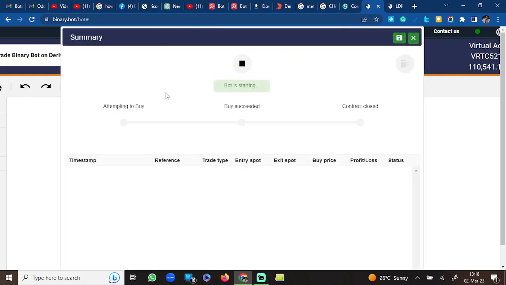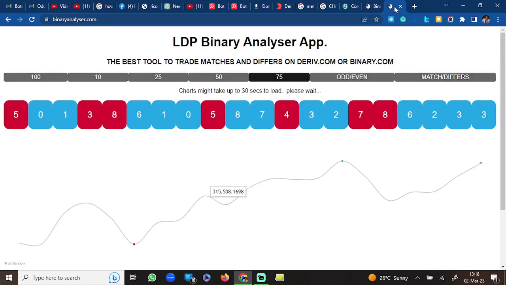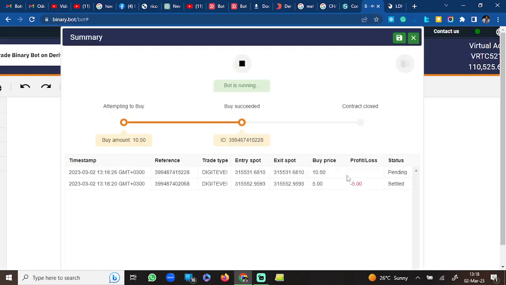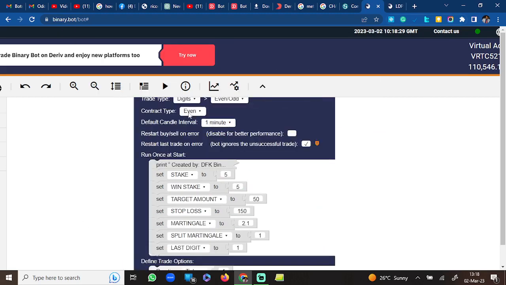Let's see. I've said odd based on the observations I'm making here. You can see that we have quite a good number of odd numbers. So this one, the payout is high. What did I do? I said odd. Why is it even? Oh, sorry.